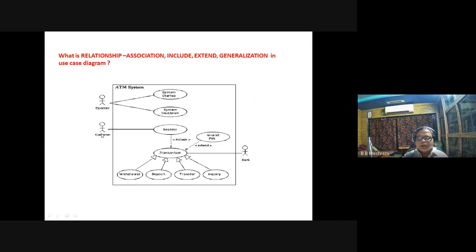Now, customer is associated with the use case session, and session include transaction. Now, transaction is a withdraw transaction, deposit transaction, transfer transaction, inquiry transaction. So this is known as generalization of the transaction.